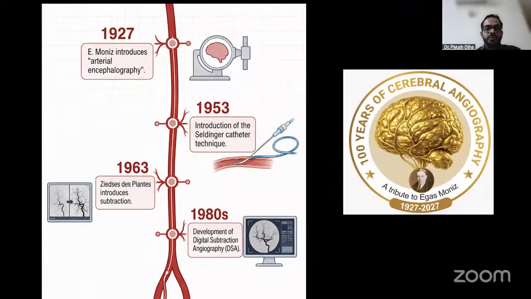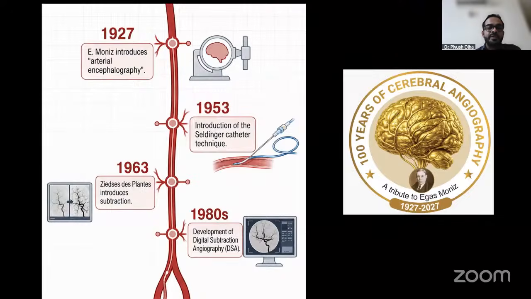Let me tell you the first thing, a brief history of digital subtraction angiography. We all know that in 1927, Moniz was the first person who introduced arterial encephalography. That is the reason the Indian Stroke Association has been working very hard to celebrate 100 years of cerebral angiogram, and we are planning to arrange 100 CMAs across the country.